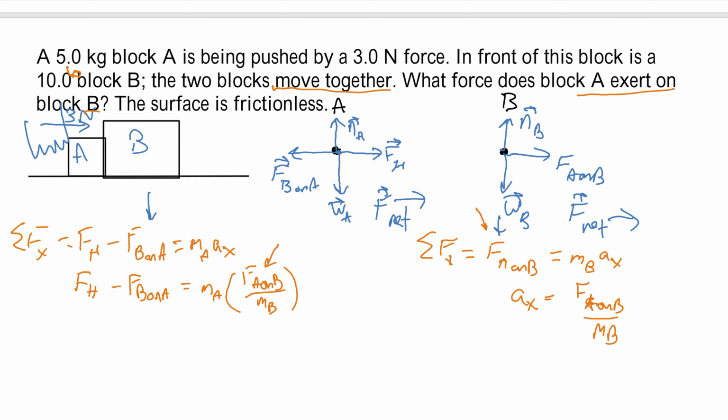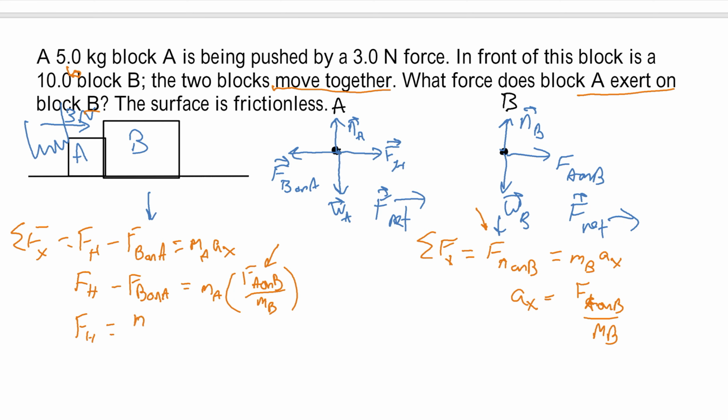So let's first move the negative FB on A to the other side. So we have F sub H equals, and then I'm going to rewrite this M_A times FA on B divided by M_B.